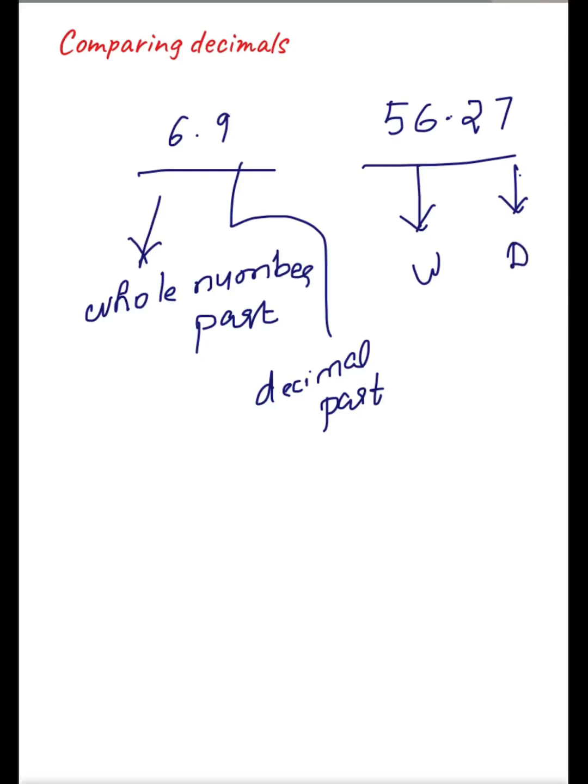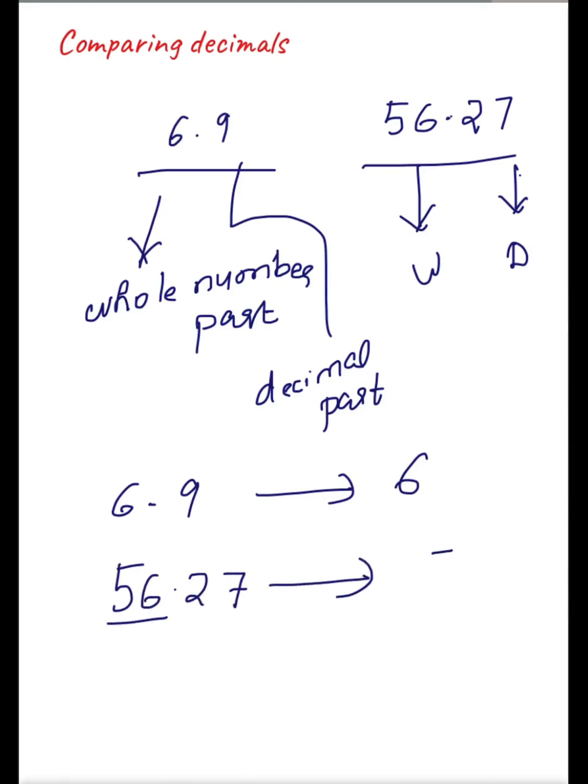Now whenever you are given two decimal numbers, the first thing you have to do is compare the whole number part. In the case of 6.9, the whole number part is 6, and in the case of 56.27, the whole number part is 56. So you have to compare 6 and 56.